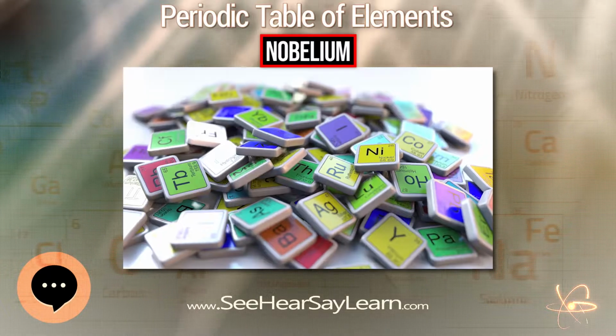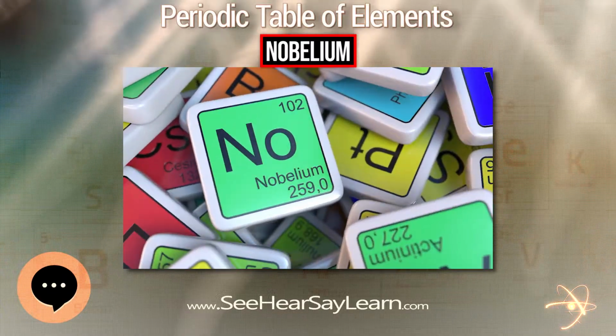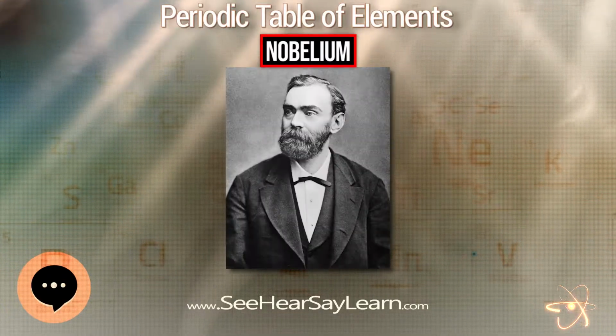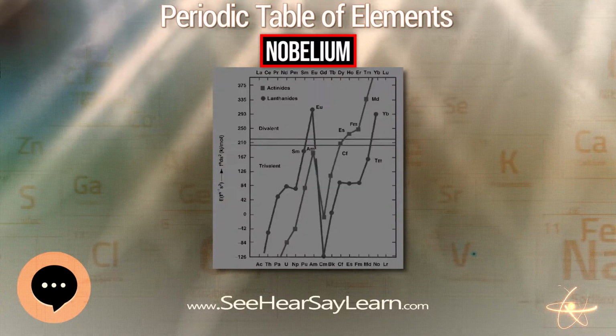Nobelium is the only f-block element for which the +2 state is the most common and stable one in aqueous solution. This occurs because of the large energy gap between the 5f and 6d orbitals at the end of the actinide series.